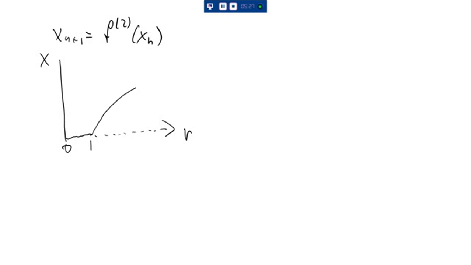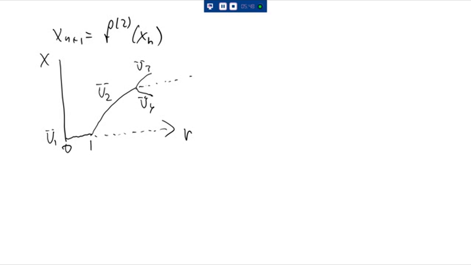We have another fixed point, so this was u1, this was u2, which was stable and becomes unstable here, and we have two extra fixed points, u3 and u4.